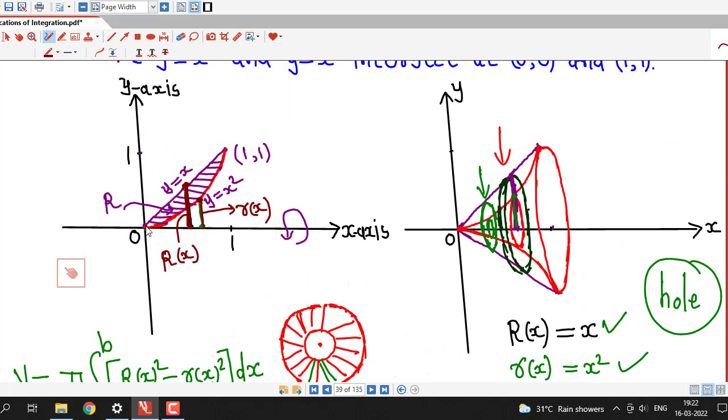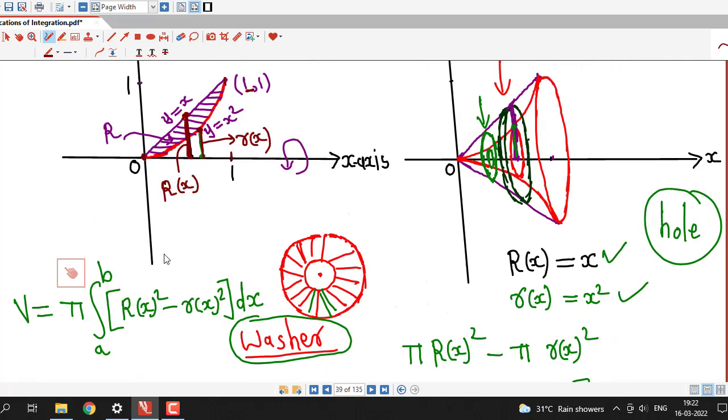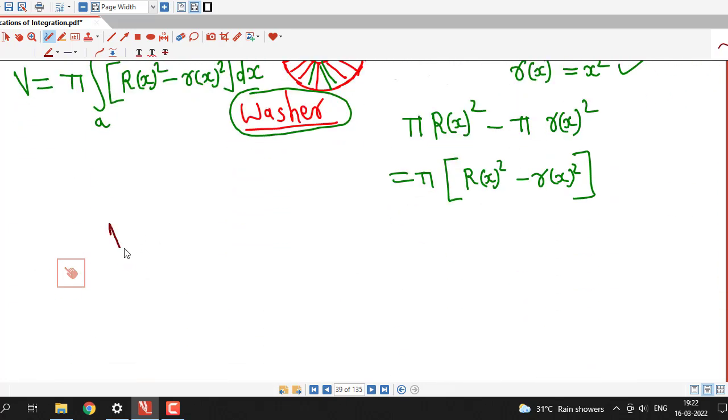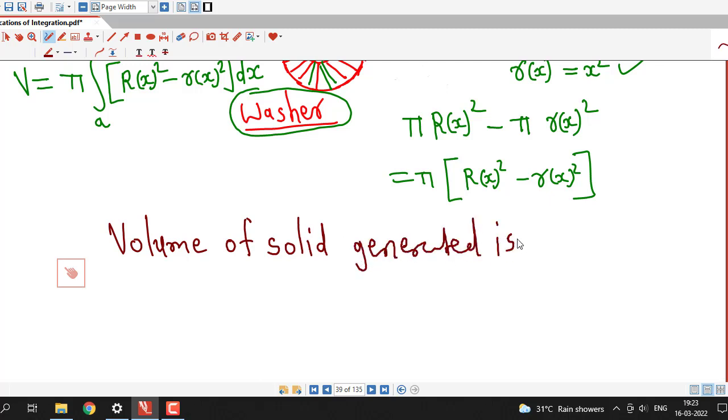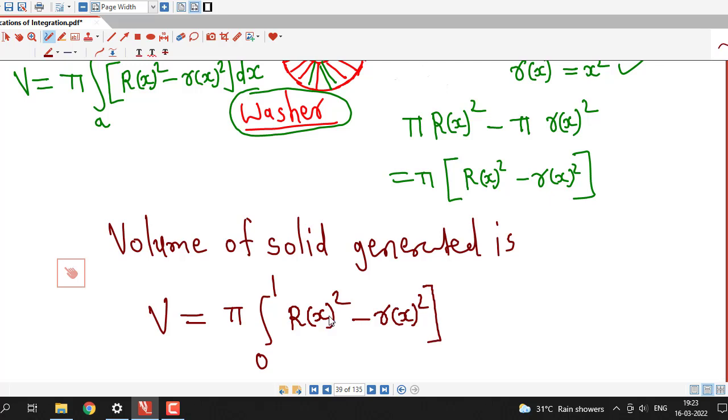So here x lies between x equal to 0 and 1. We have to go up to x equal to 1 starting from this. So the volume of the solid generated is V equal to pi times the integral with limits of integration from 0 to 1 of outer radius square minus inner radius square.